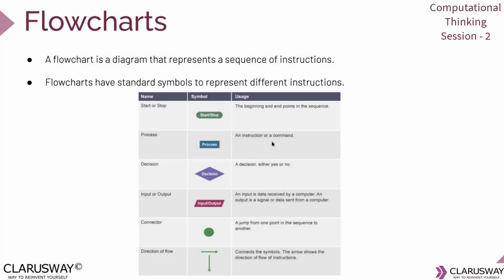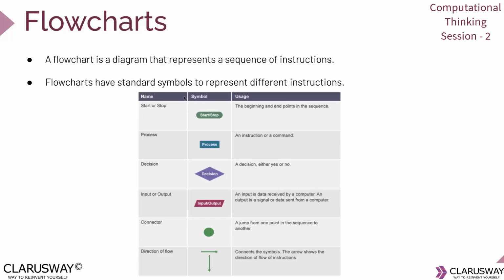So let's quickly read through the definitions that I have in my slides in here. A flowchart is a diagram that represents a sequence of instructions, which you can also say an algorithm. By the way, I'm shining too much. Let me open up the lights here. Yes, there you go. Okay, so a flowchart is a diagram that represents a sequence of instructions, which you can also say an algorithm.